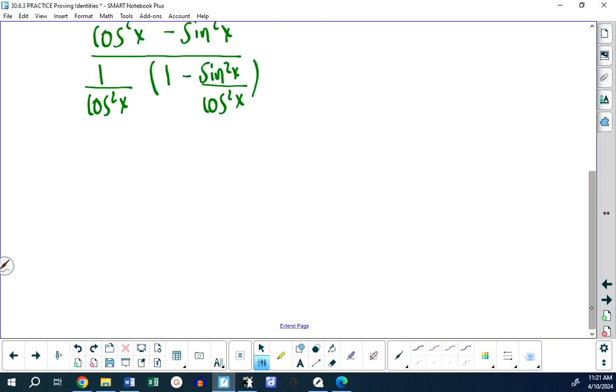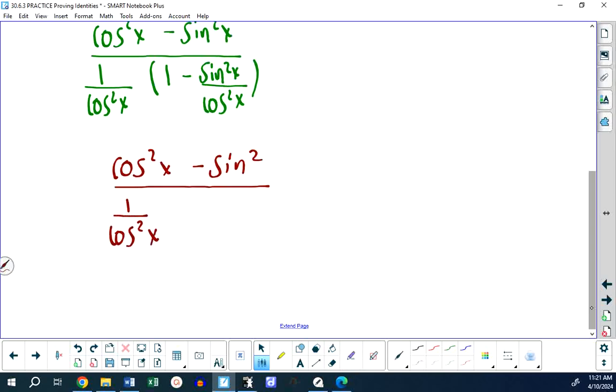So we get cos squared of x minus sine squared of x over 1 over cos squared of x minus sine squared of x over cos to the 4 of x. What are we trying to do here? We are trying to turn this into cos to the 4 of x.